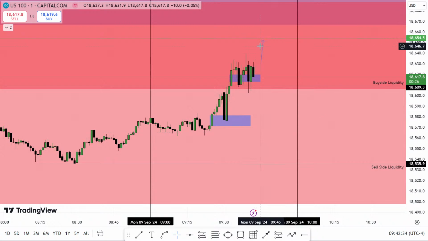Oh, sorry, this is not a buy side here. This is the middle of a bearish 1 hour fair value gap. Sorry about that. So let's say consequent encroachment. We use our Fibonacci to measure that to have a possible draw on liquidity.